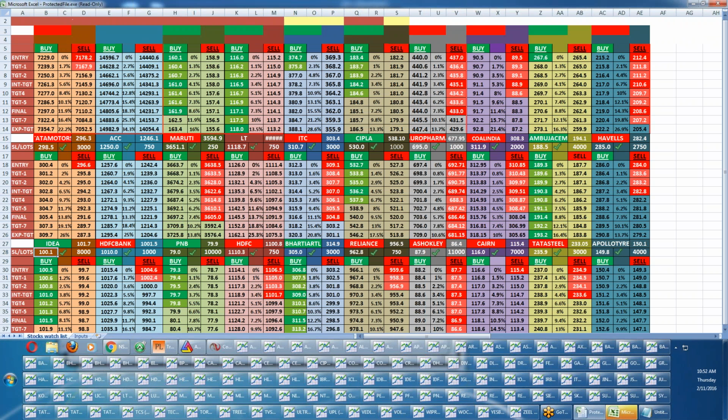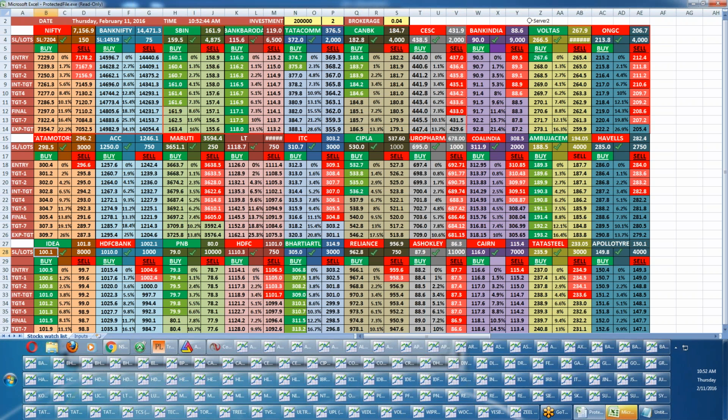The idea behind showing you Idea is that Tatacom, Idea, and Bharti belong to the telecom pack, so it means that the telecom pack is in green.